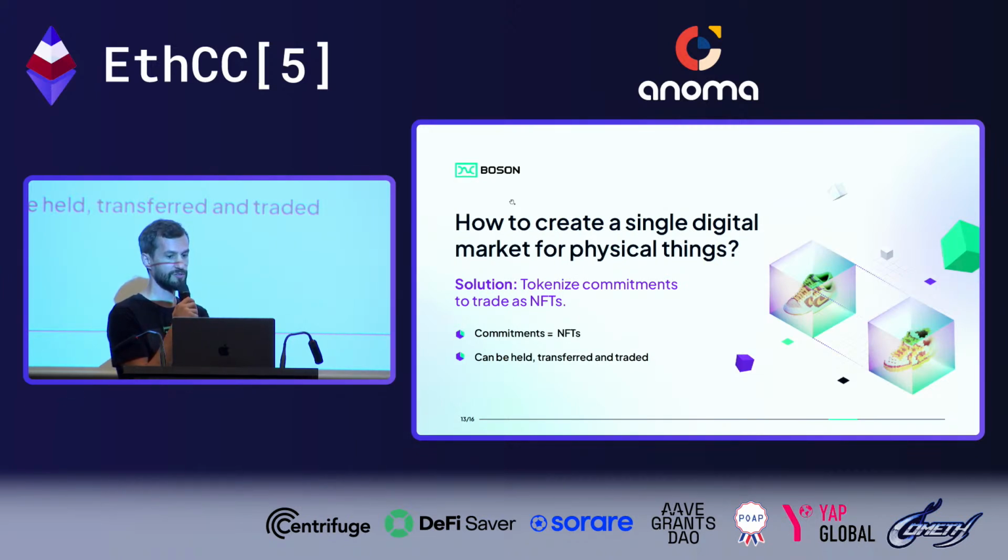So our solution is to tokenize commitments to trade as standard NFTs. The holder of that NFT, a buyer, can hold it and ignore it if they so choose, but they can also trade it and transfer it and bring the whole power of DeFi to it. It is something that's obvious to us in the Web3 ecosystem, but it's a quite powerful new capability compared to the legacy commerce infra.